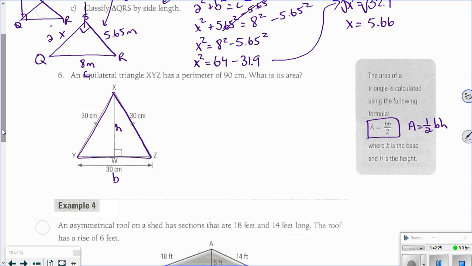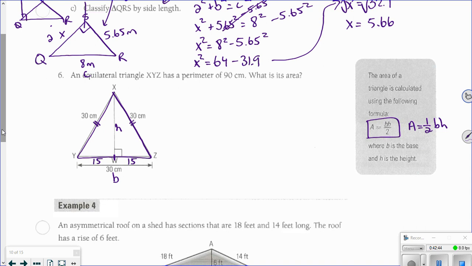As soon as I see that these two sides are equal, I know that this is exactly halfway. That's one of the properties of an isosceles triangle, which means of this 30 centimeters all the way across the bottom, 15 centimeters on this side, and 15 centimeters on that side.